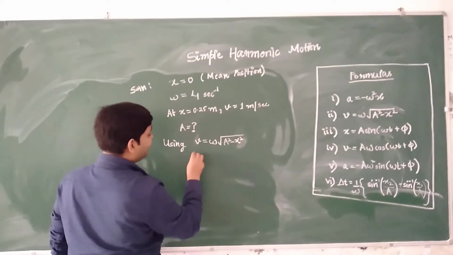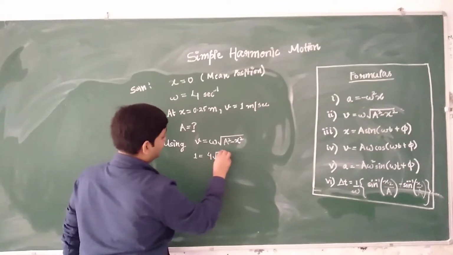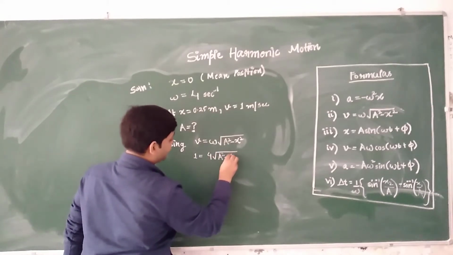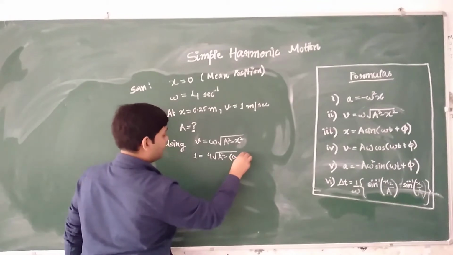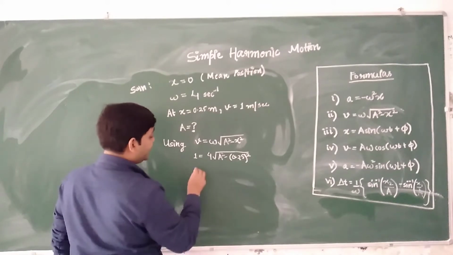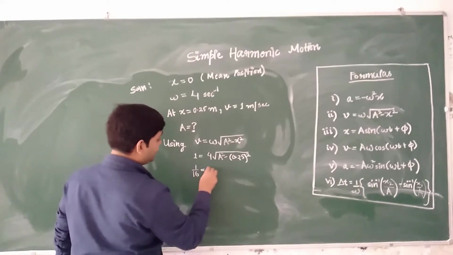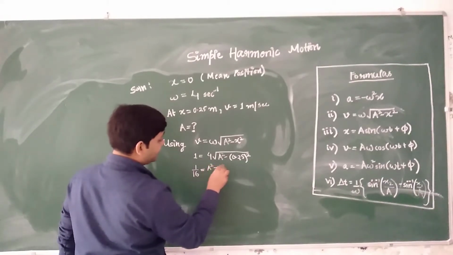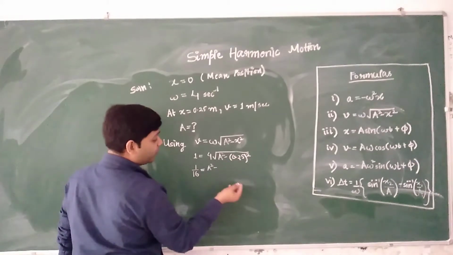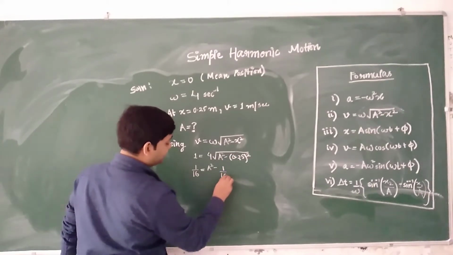So let us substitute all the values. The value of v is 1 meter per second, omega is 4, and under root of a square minus 0.25 square, right? So now squaring both the sides, I am taking this 4 down and then squaring both the sides, we will have 1 upon 16 equals a square minus 0.25 square. 0.25 can be written as 25 upon 100, that means 1 upon 4, and its square will be 1 upon 16.